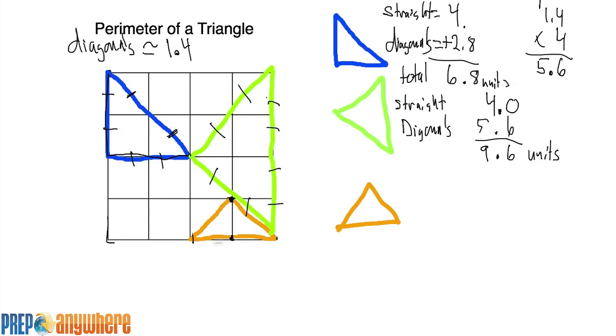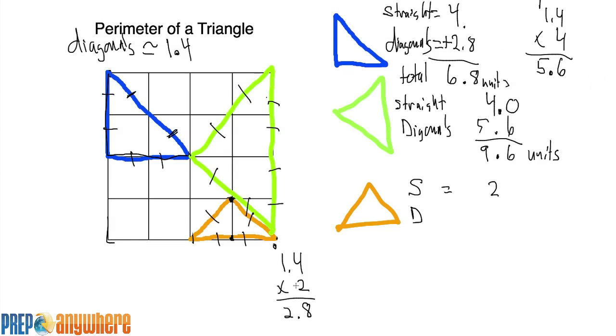Last but not least, let's do this little brown one. And I'm going to see here in my straight parts, I have 1, 2. So the straight parts is 2. And my diagonals, D for diagonals, I have 1, 2. So I have 1.4 times 2: 4 times 2 is 8. Carry the 0 over. And 2 times 1 is 2.